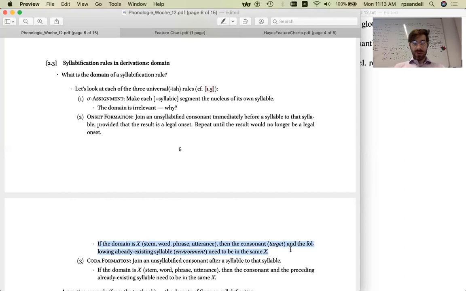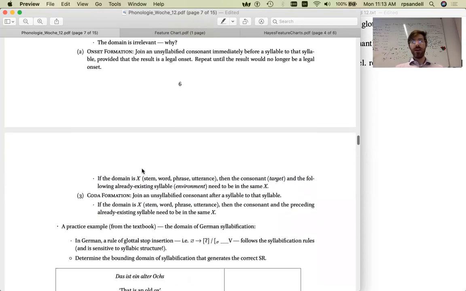The crucial thing to say here is that if the domain of onset formation and coda formation corresponds to the stem, it means that the consonants and the following already existing syllables need to belong to the same domain.